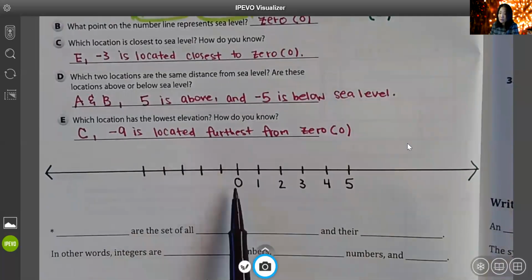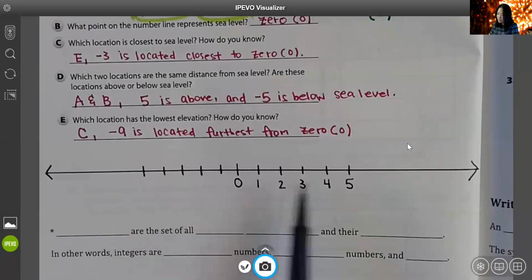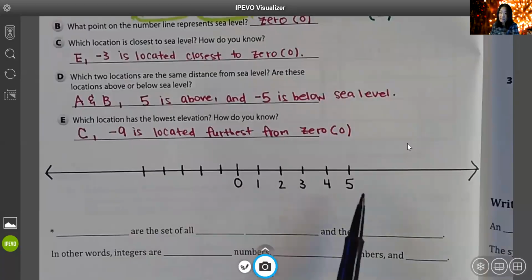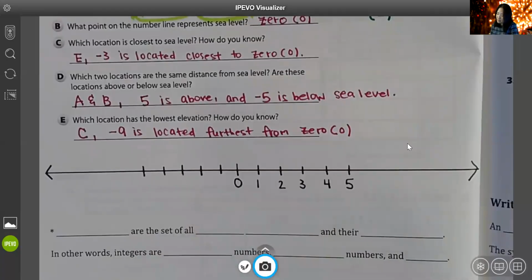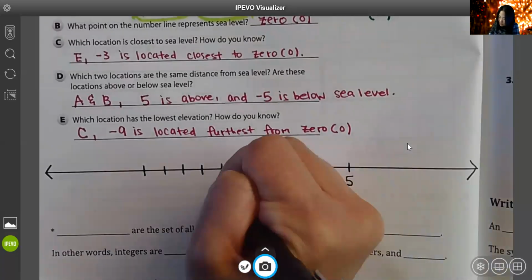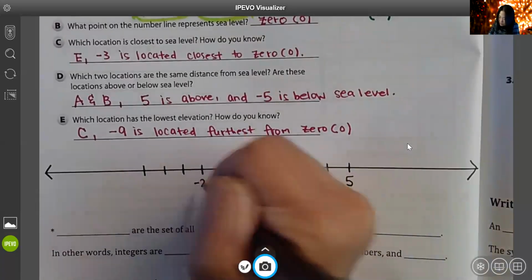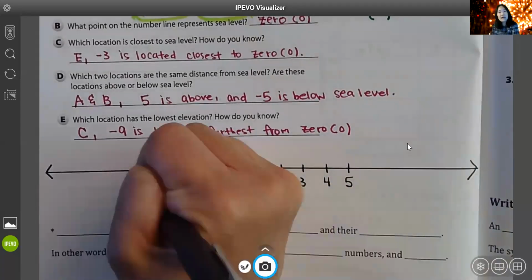Including the 0, we call them whole numbers, okay? 1 through 5 and on are called natural numbers, but when you include 0, 0, 1, 2, 3, 4, 5 are called whole numbers. And they're also positive numbers. To the left of 0, we're going to start with -1, -2, -3, -4, -5, like that.